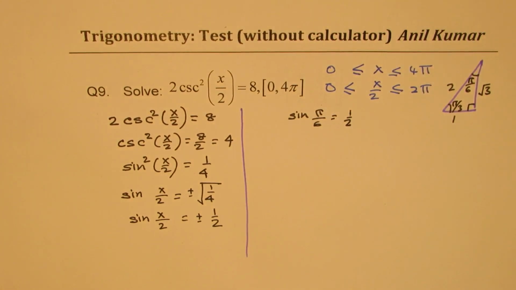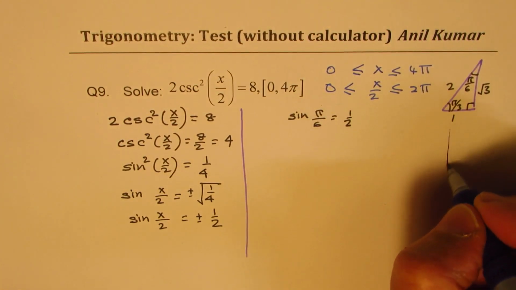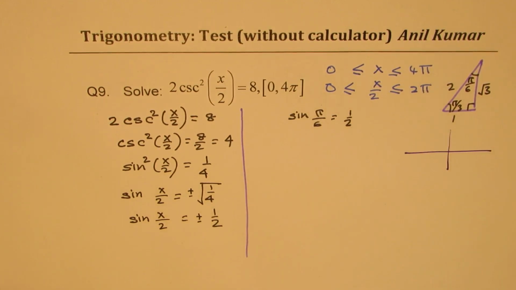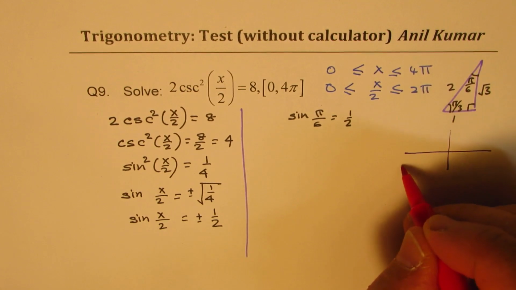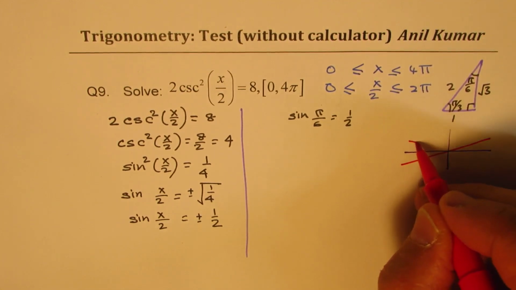Now we have 4 solutions. Plus minus means we are looking for pi by 6 in all these quadrants, correct? So those are our solutions, correct?